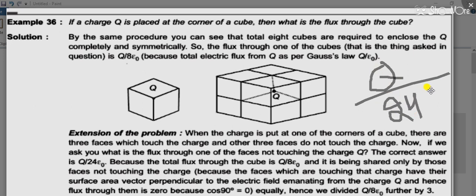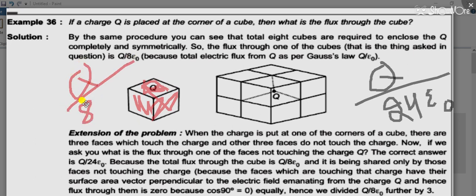This concept can be used, or you can use another concept, that is no electric flux is coming out from these three faces, so you can say the electric flux of q by 8 epsilon naught is divided equally into three parts.